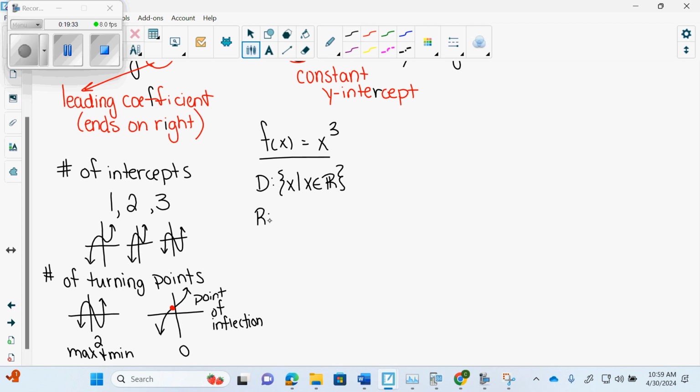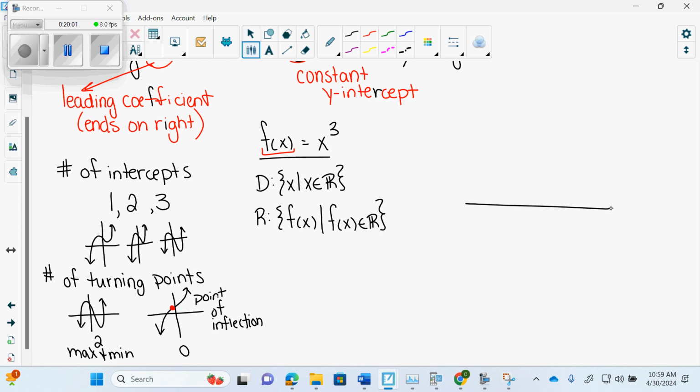What would my range be? I gave this to people, but almost 95% of you would have gotten no marks. F of X. You guys said Y such that Y is in the reals because it disco's. True, except Y is not existent on this equation. It's F of X. So it would be F of X such that F of X is an element of the reals. We agree?